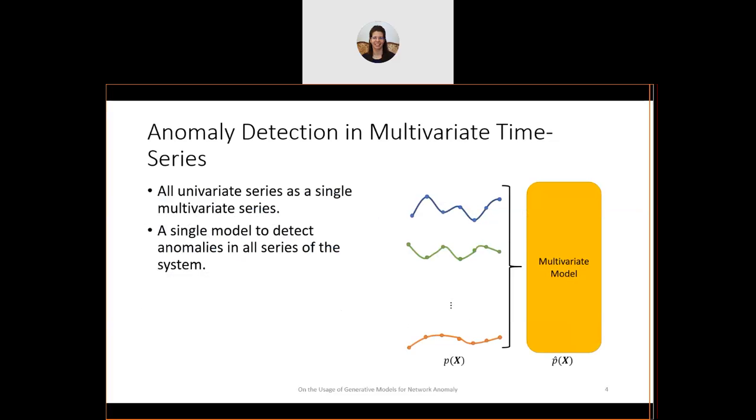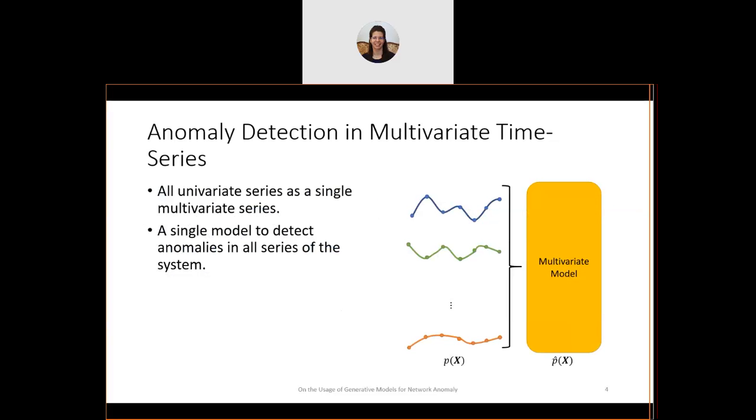Okay, and then this kind of system generally has many different series that must be monitored. To simplify the first phase of the detection, we set out the normal behavior of all variables with only a single model.